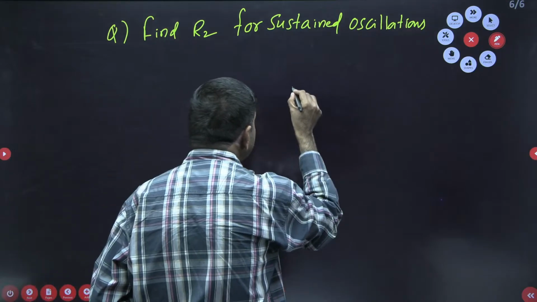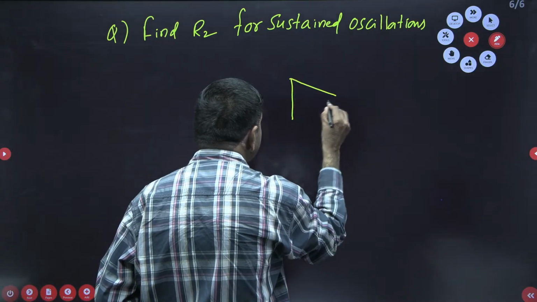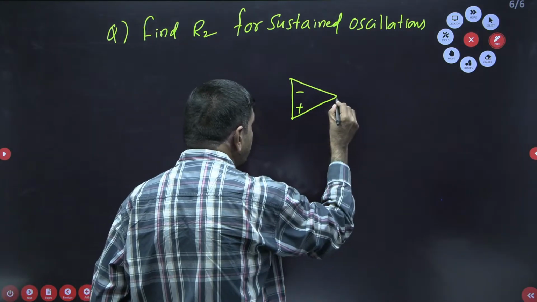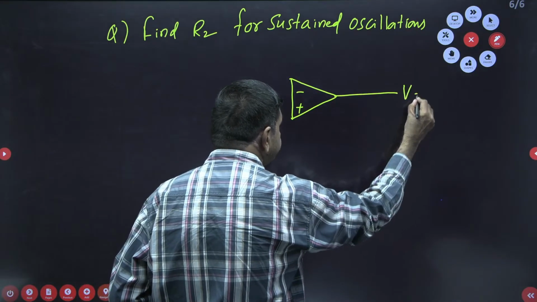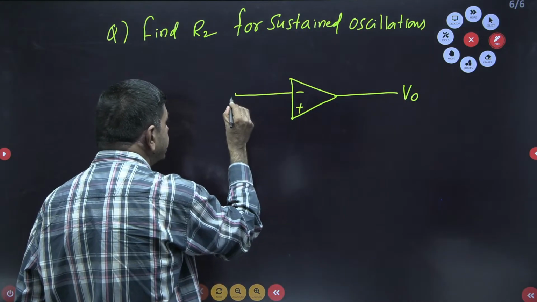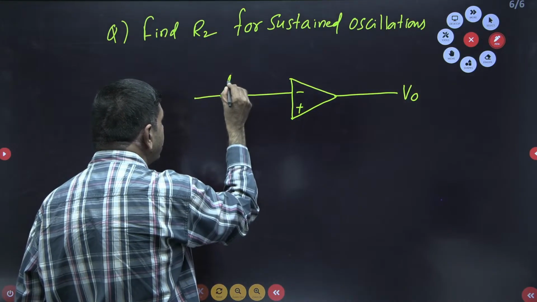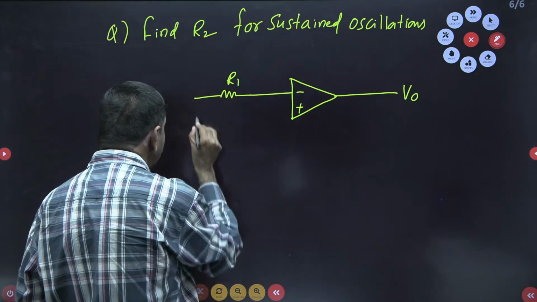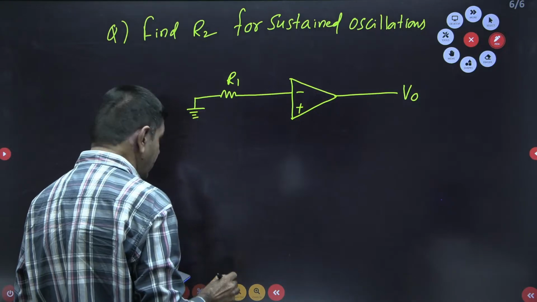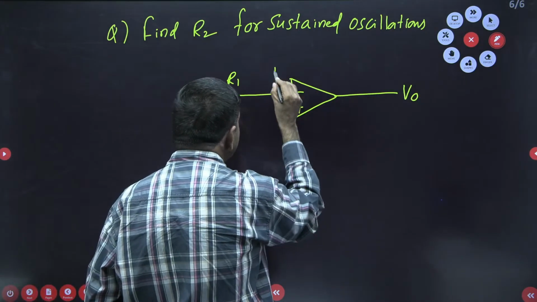The network is given like this. There is an op amp. This is connected to the V0 and here connected with R1. This is connected to the ground. R2 is connected on this side.